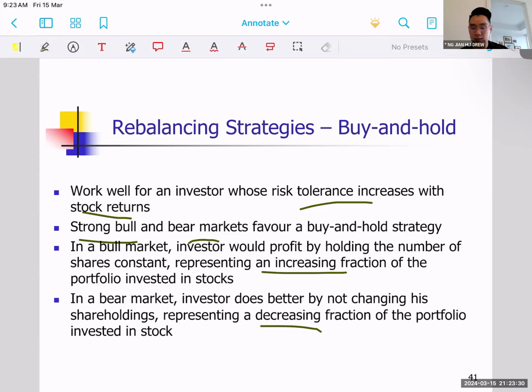So in this case, you maintain the same proportion of risk-free. Let's say the price of the stock is going up. Because it's a constant mix, you still need to rebalance by reducing the number of stocks and buying more risk-free, and therefore you can continue to have some downside protection.